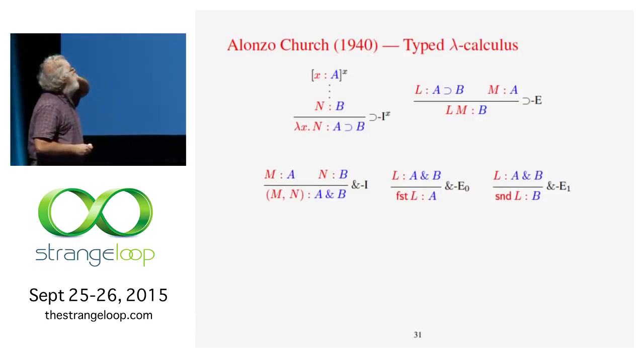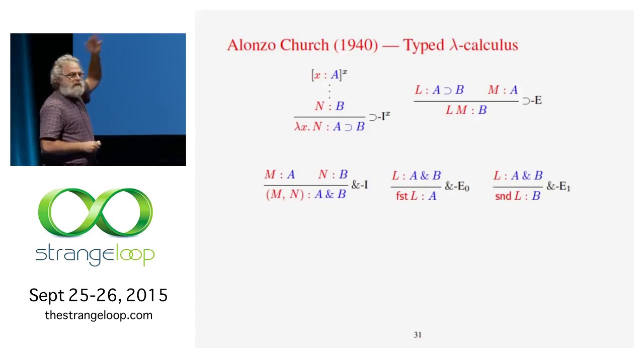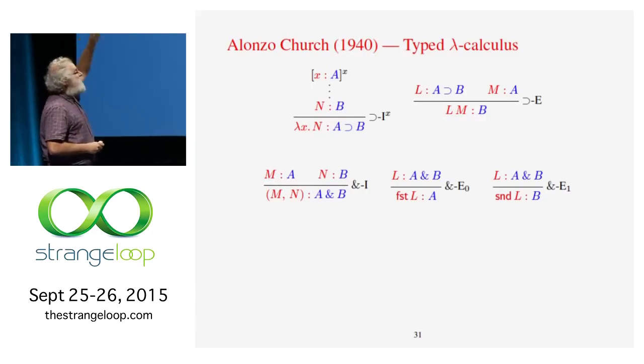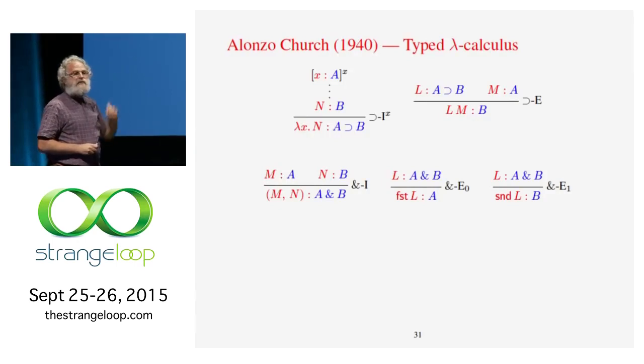So lambda x. N, where x is a variable, is a term, a function. It's a function that, given a value of type A, returns a value of type B. So it's a function from A to B. And what does this mean? Well, x must be a variable of type A, and it must appear in some term N whose type is B. So lambda x. N would be a function from A to B.